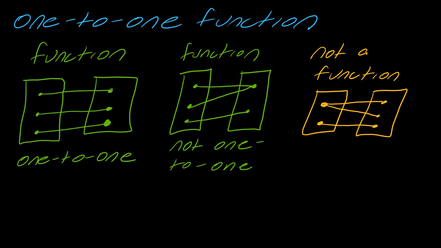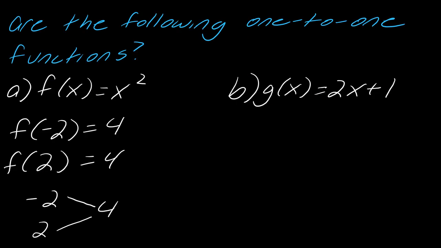If you are given just a random function, you want to think of an example like this. What two different numbers could I plug in to get the same y coordinate? Now, for example B here, this is probably the standard example of what is one-to-one, the easiest function we can think of that's one-to-one. 2x plus 1. It's helpful if you know something about the graph. What type of graph does this have?